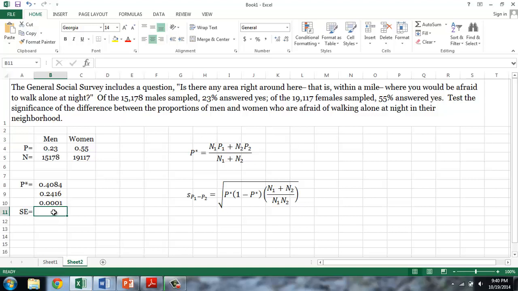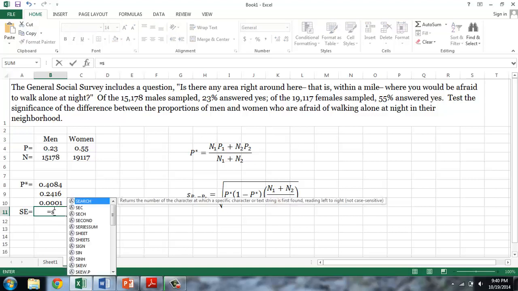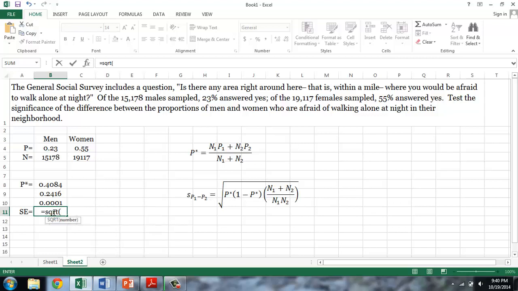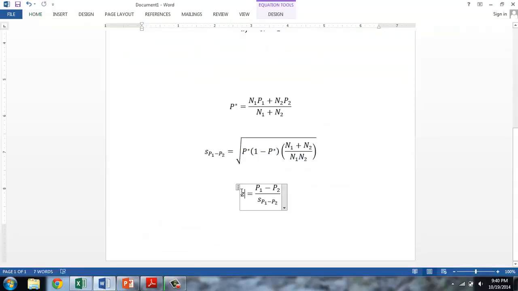Now we can calculate the standard error, which is equal to the square root, or SQRT, open parentheses, of p star times 1 minus p star, which we calculated above, times our ratio of sample sizes, which is equal to 0.0053.